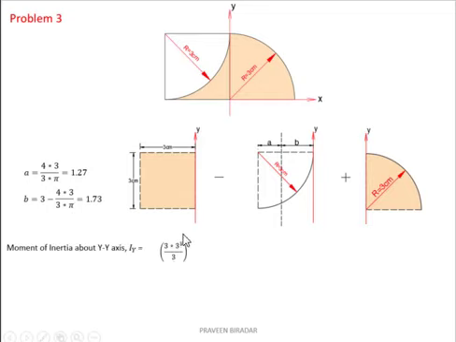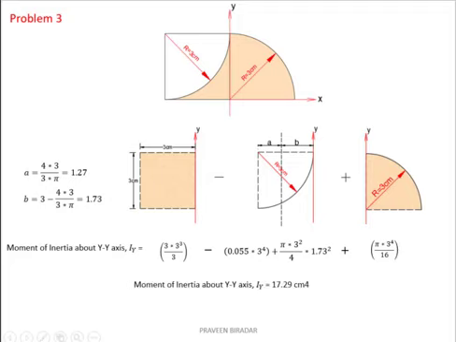So Iyy, this is bd cube by 3 minus 0.055 into r to the power 4, this is centroidal about y-axis, plus area into distance square, plus pi r4 by 16. So your moment of inertia about y-axis, Iy, is 17.29 centimeter 4.